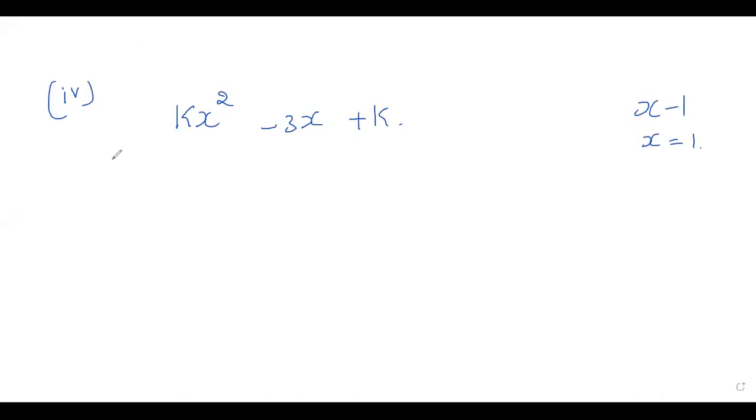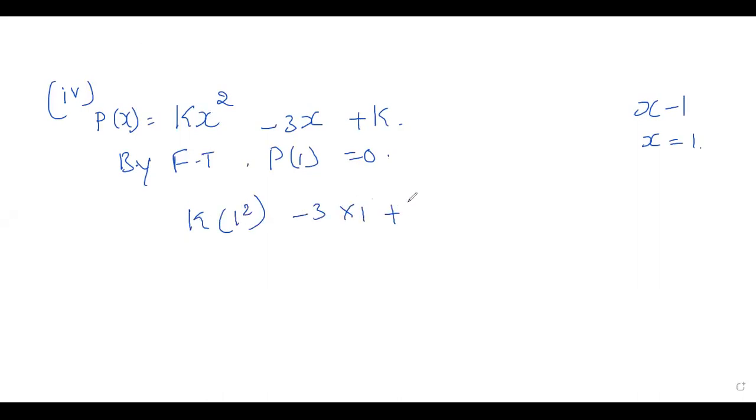Now, by factor theorem, P of 1 is equal to 0. Now, P of 1, that is k into 1 square minus 3 into 1 plus k equal to 0.